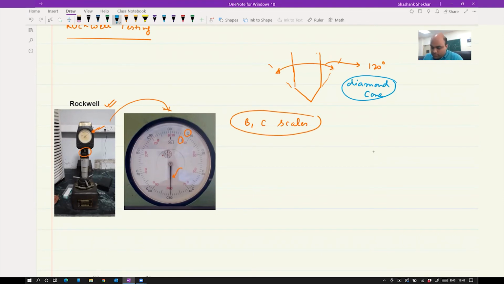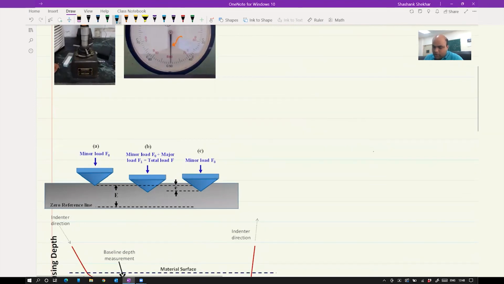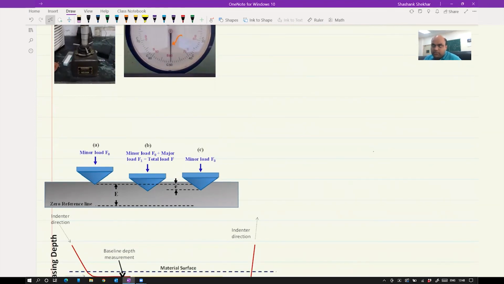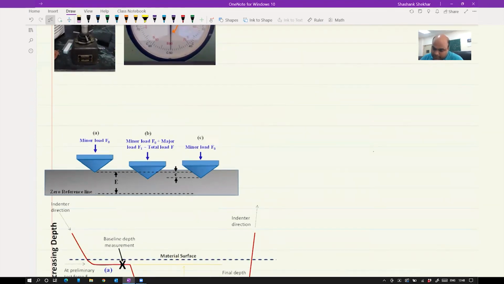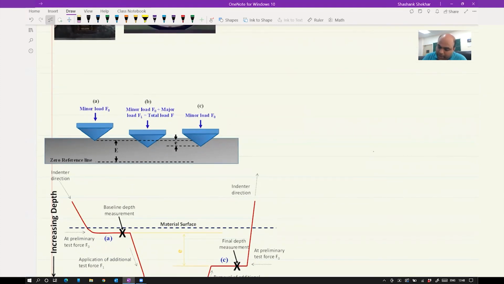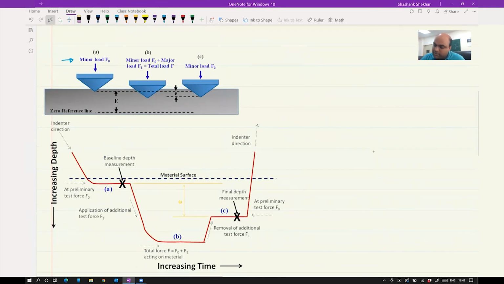So how do we do this test now? Basically, we first apply something called a minor load, as I have shown here. This is the schematic of how your indenter is moving on the sample, and this is another schematic corresponding to the top image. Let me explain this. We first apply a minor load on the sample.